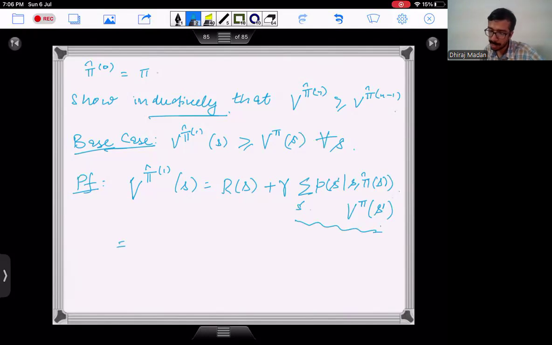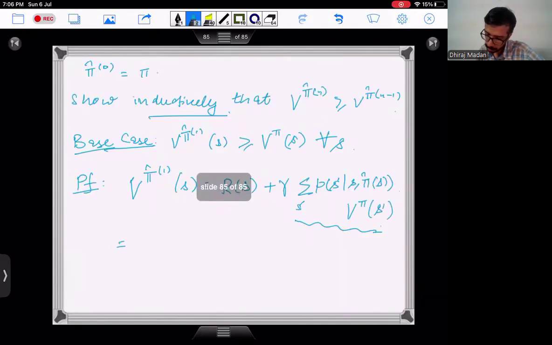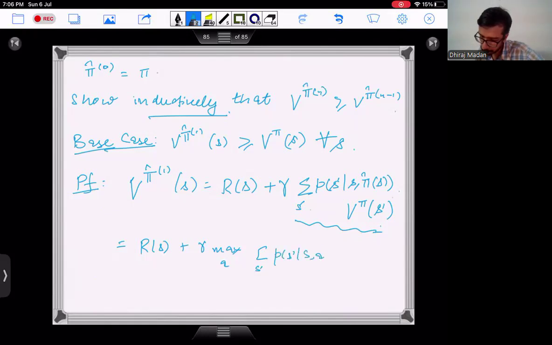That's the definition of pi hat S. Because at every step, we compute pi hat as this quantity. So this is nothing but R of S plus gamma times max over A of the sum over S prime of P of S prime given S, A and V pi of S prime.